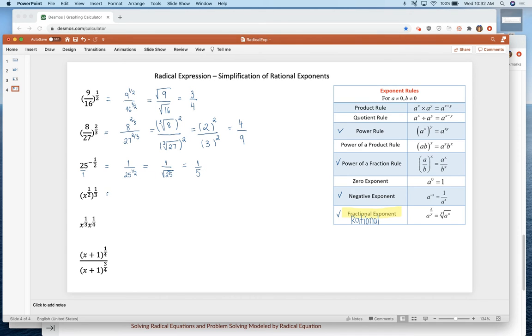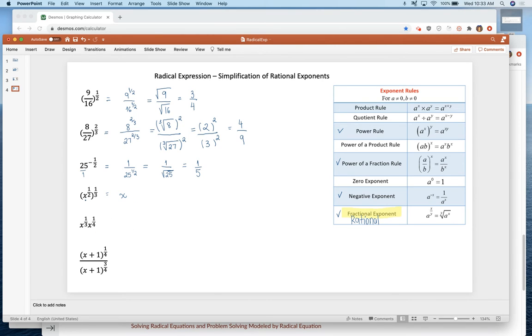So I write the base x, and pay attention here: my rational exponent base before was a numerical expression, just a number. Now I'm starting to deal with algebraic expressions. So a radical expression can be in those two forms: just numbers, that is a numerical expression, or algebraic expressions.